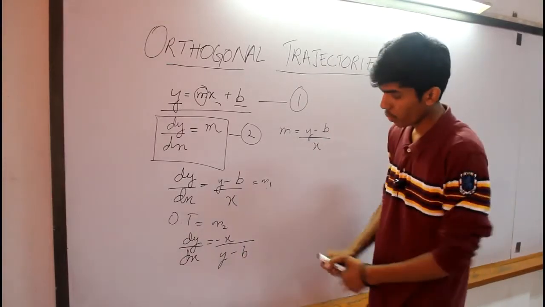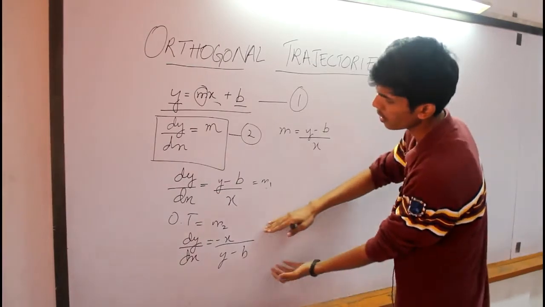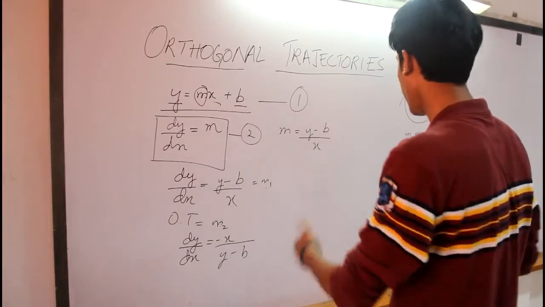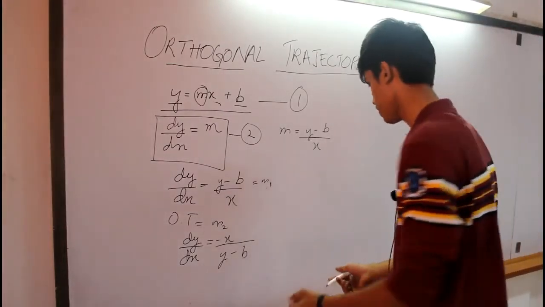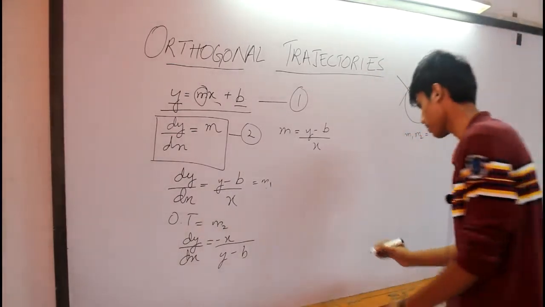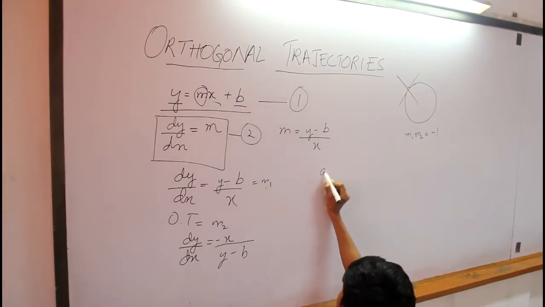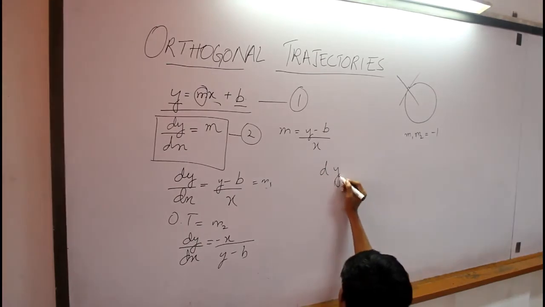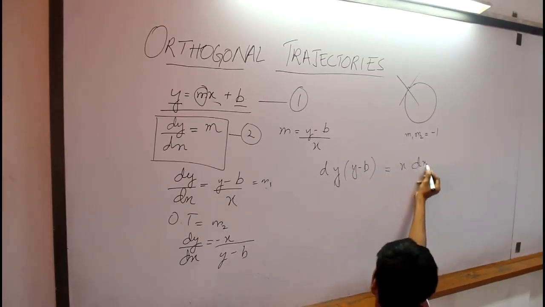This particular equation can be variable separable, though it does not mean that every equation has to be. We can separate variables: y minus b dy equals minus x dx.